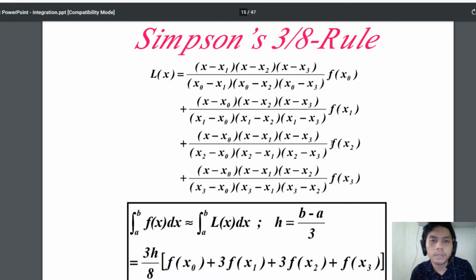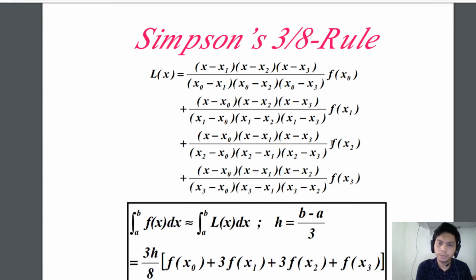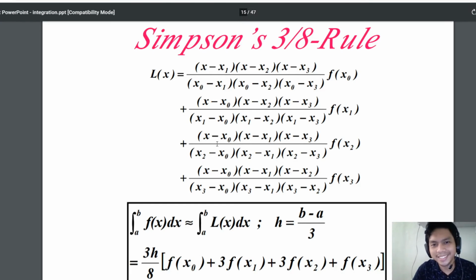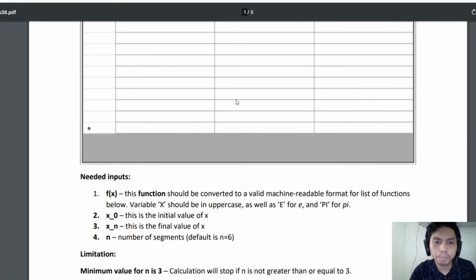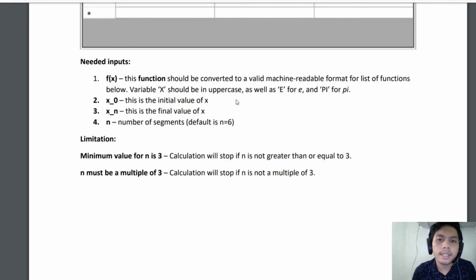So for the formula of Simpson's 3/8 rule, here you go. Going back, what are the needed inputs for this program? The f(x) function should be converted to a valid machine-readable format. The list of functions is below this PDF file, and the variable X should be in uppercase, as well as E and PI.